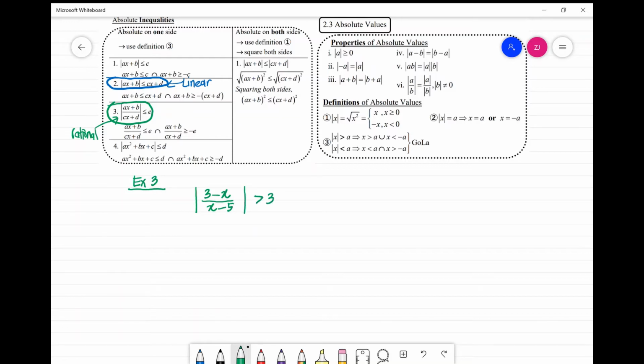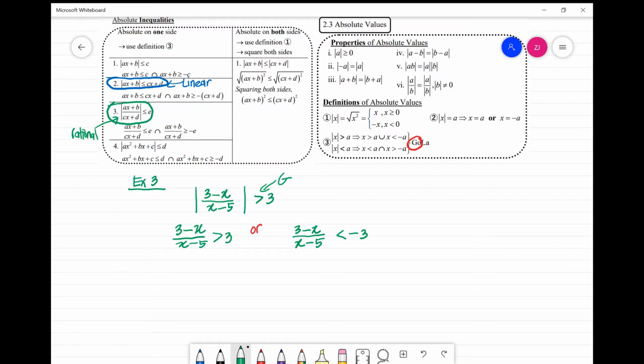Please bear in mind we have a greater than sign, so we are going to use this definition: if we have greater, then we're going to have "or". So let's define this absolute rational inequality. We have 3 minus x over x minus 5 greater than 3, or 3 minus x over x minus 5 less than negative 3. After we split into two, they have become rational inequalities.